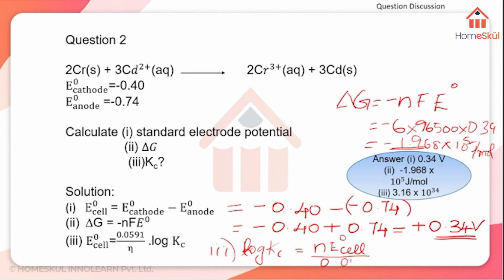We substitute all the values because we know the value of n and E0 cell, and thereby we will get the log Kc value. To find the Kc value, we take the antilog of this value, then we get Kc, that is 3.16 into 10 raised to 34. This is the answer for the third sub-question. Is that clear?